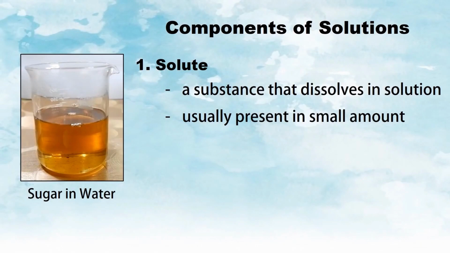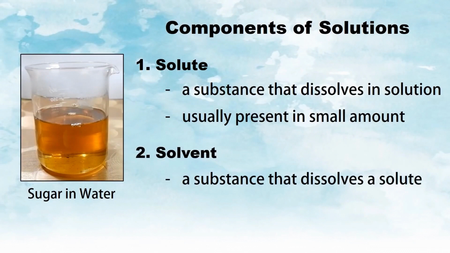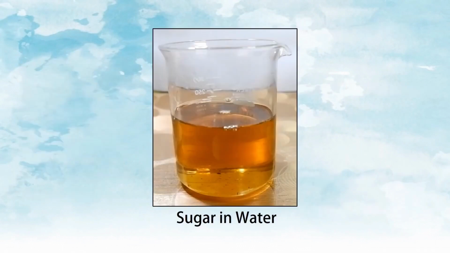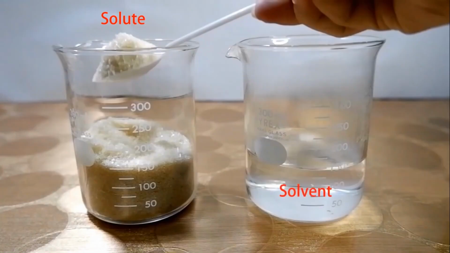A solute is a substance that dissolves in a solution, usually present in small amount, while a solvent is a substance that dissolves a solute, and in a large amount. So, sugar is an example of solute, while water is an example of solvent, as you can see on the screen clearly.